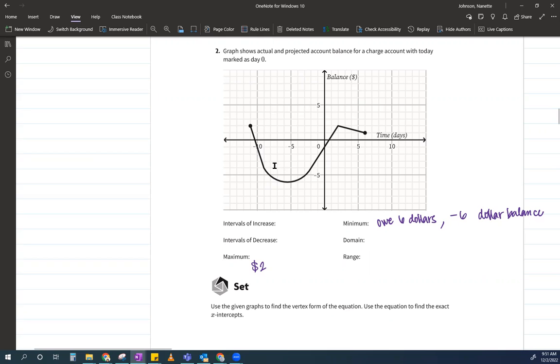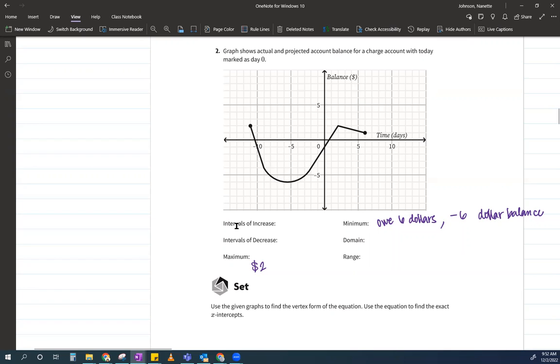Oh, okay. So then what we're going to do is look for our lowest point to figure this out, right? So it doesn't look like it's quite here at -5, but it also doesn't quite look like it's here at -6 for our x value.